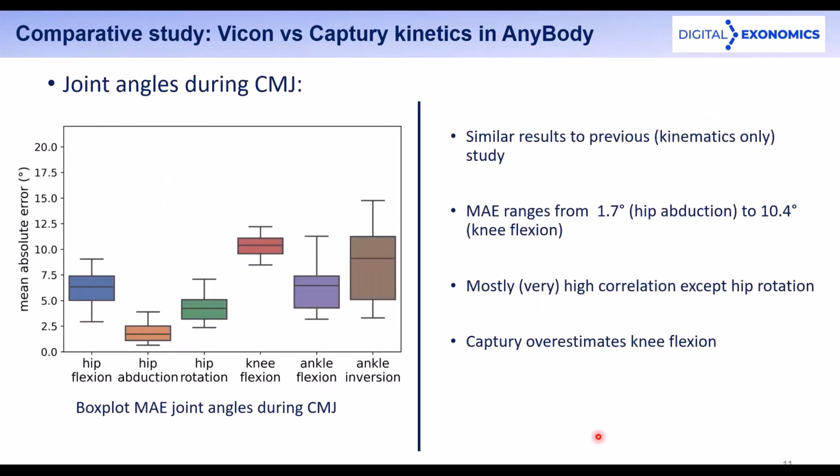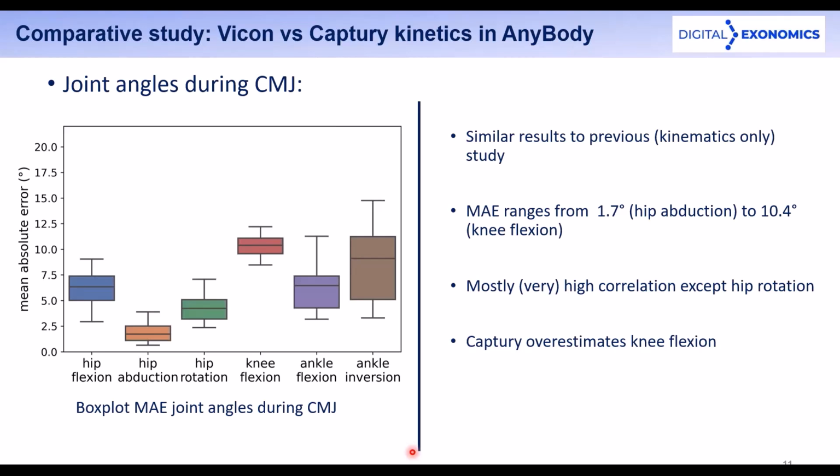If we look at the joint angles during the counter movement jump, again, on the left-hand side, we see the mean absolute error comparing both systems. And we can see that the results are quite similar to our previous study where we only looked at joint angles. The mean absolute error is smallest for hip abduction and highest for knee flexion.